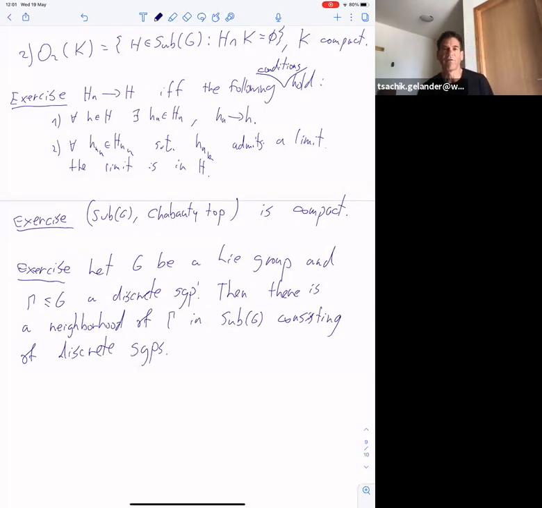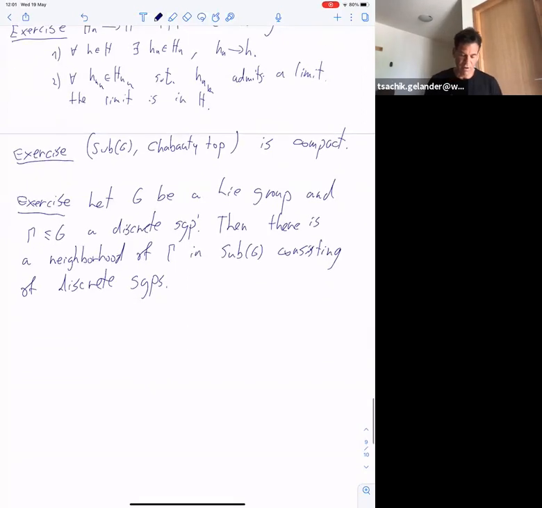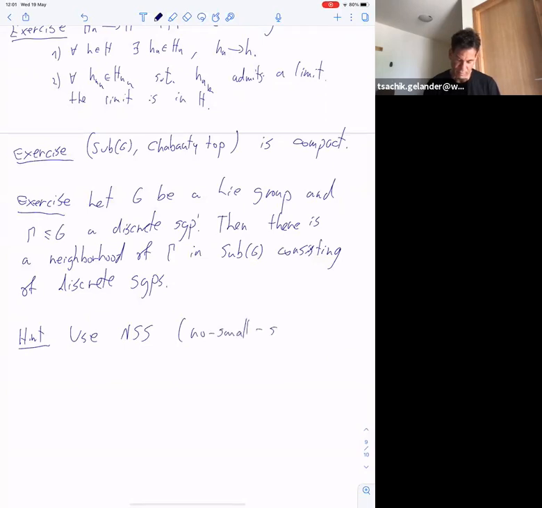So if you are close to being discrete in the Chabauty topology, you must be discrete. And the hint, use NSS, which is no small subgroups.